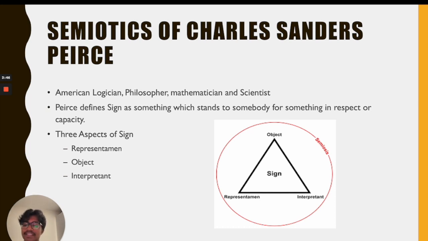Peirce referred to this as the process of semiosis, and from the figure we can see how the lines connect together to present a sign, right? And as a whole, it is known as semiosis. As an example, the Microsoft Windows blue screen of death. The blue screen of death will be considered the representamen.